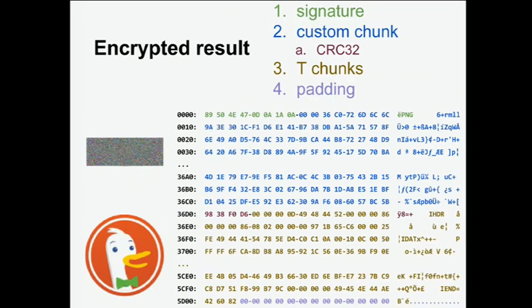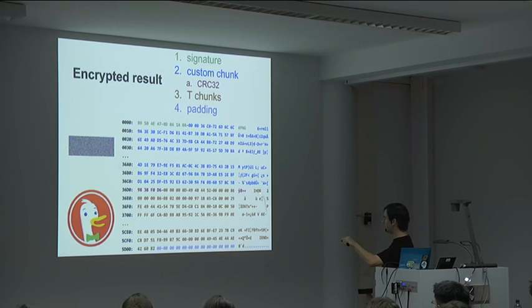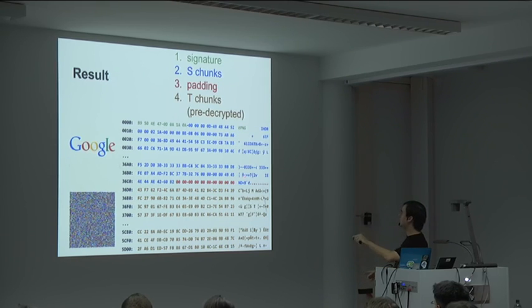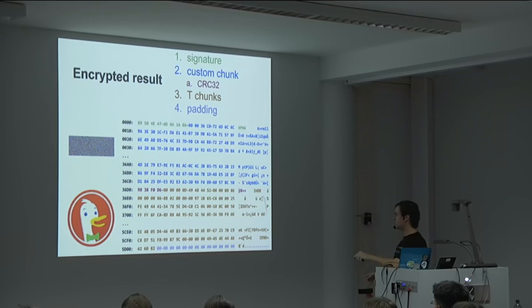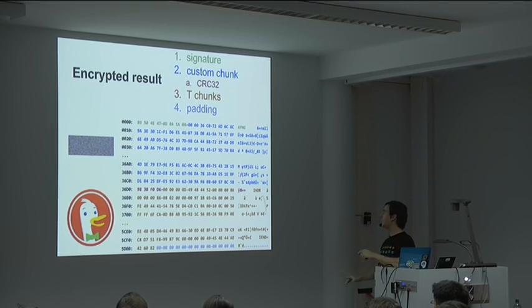And then, after encryption, this will turn into what we wanted: the signature and the custom chunk, which will make all this hidden, the CRC that we calculated from this content, and then the rest of the original DuckDuckGo picture. So this here and this here come totally transparently from the original source and target pictures. And the rest is just IV manipulation and creating a fake chunk for that.